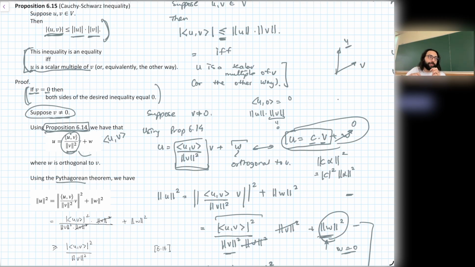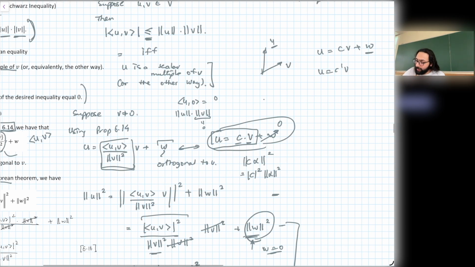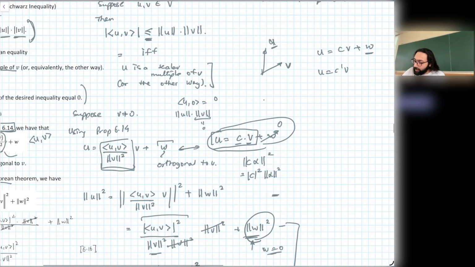If you have two vectors U and V, there is some fixed unique scalar. We found the scalar explicitly. So it's not possible that U is CV and U is also C prime V. Because by linearity, that would not work. Is that okay?